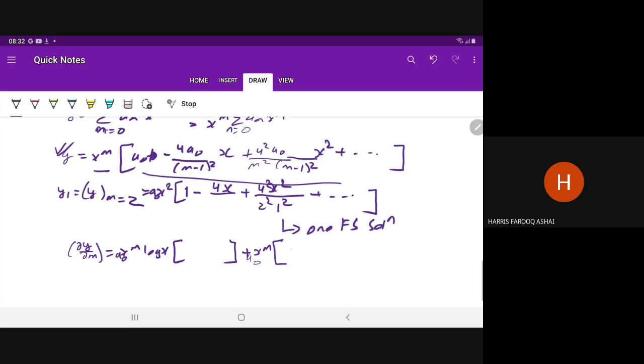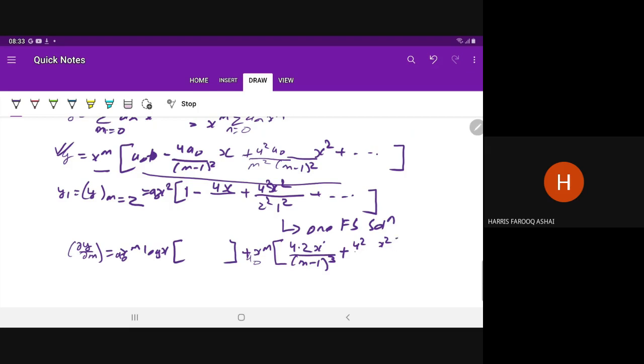Its derivative will be 4 into 2x upon m minus 1 cube, plus here we have 4 square x square, and the derivative of this: derivative of 1 upon m square into m minus 1 whole square.